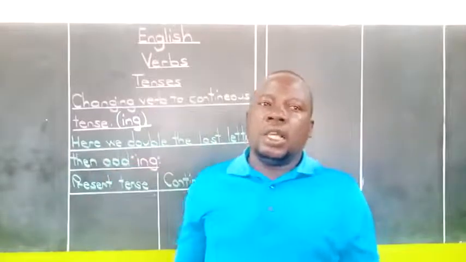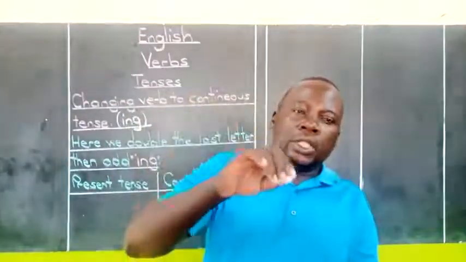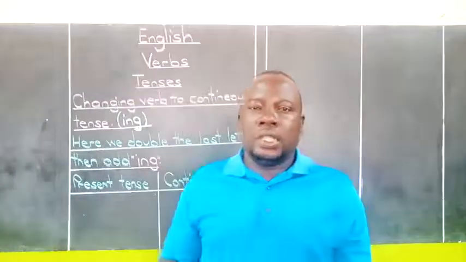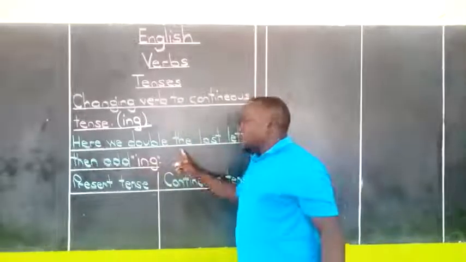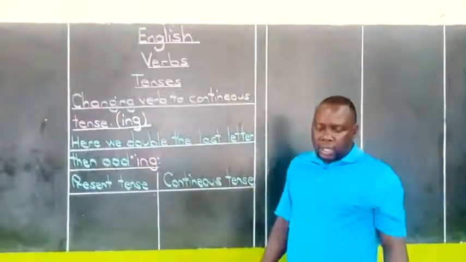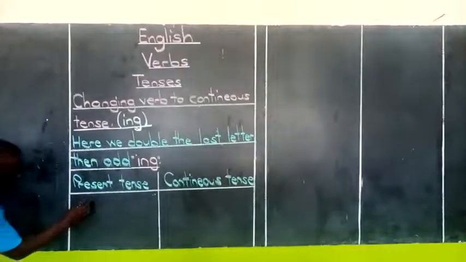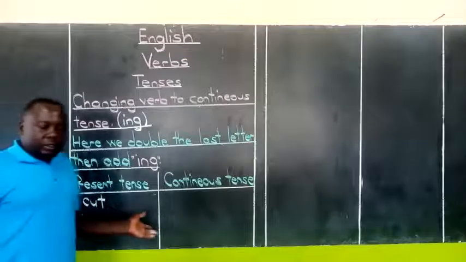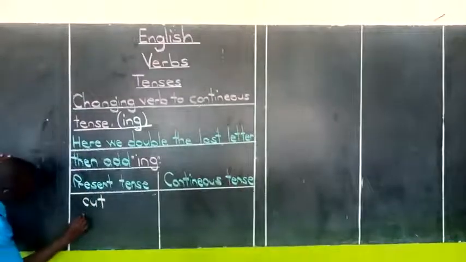In other words, add another letter the same as the one that is there to make it two letters which are the same. That is double. That is what I mean by we double the last letter. Examples of those verbs, we are going to list them first. One is cat. Another one is run.